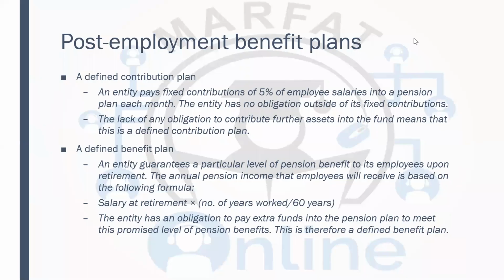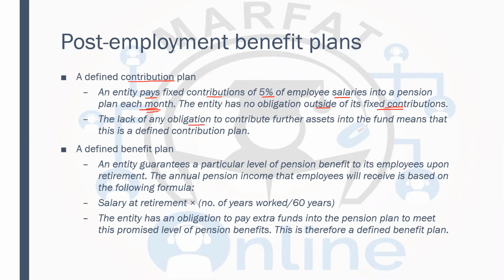Okay, now we can have a read from the notes on the slides. A defined contribution plan. An entity pays fixed contributions of 5% of employee salaries into a pension plan each month. It can be anything, any policy. The entity has no obligation outside of its fixed contribution. We have already discussed it.